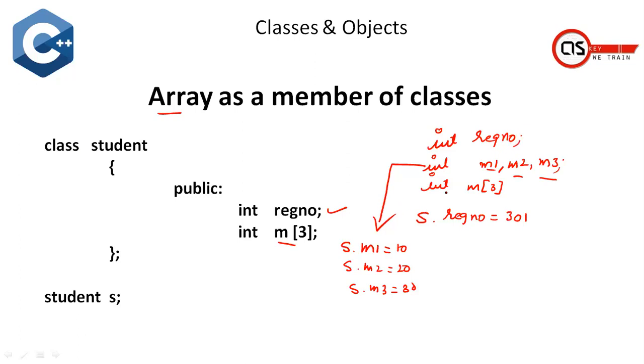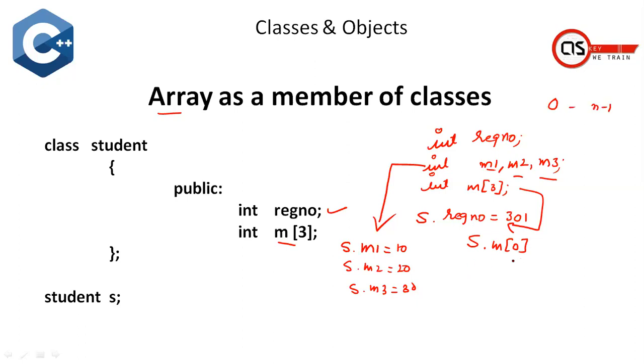But how do I access the members when I declare a member of a class in array format? The same thing can be written as S dot M of 0. As we know, when we declare an array, the index of an array always begins with 0 and ends with n minus 1.